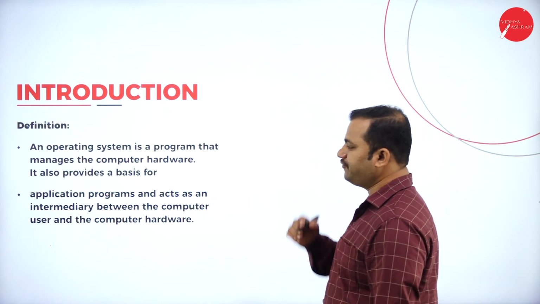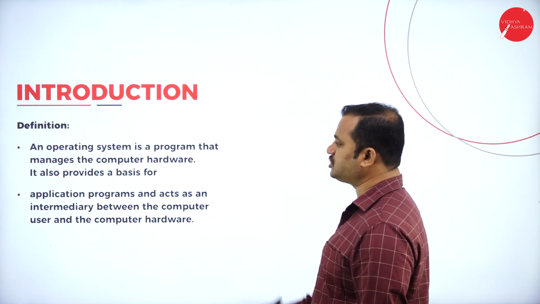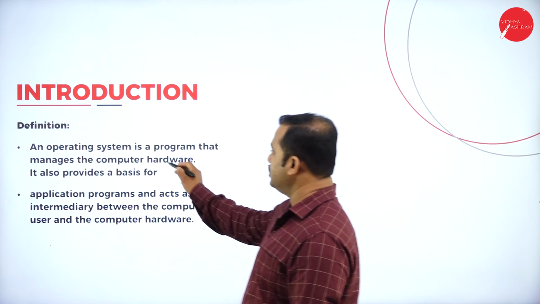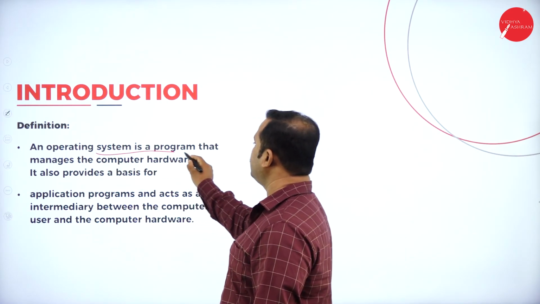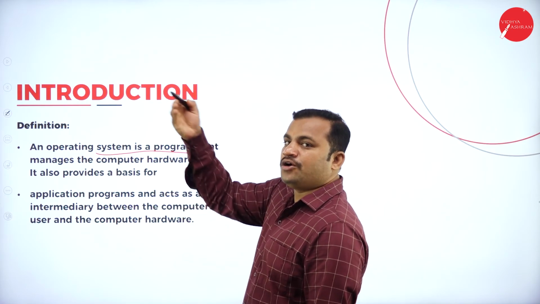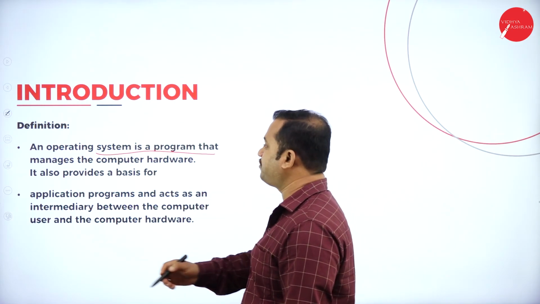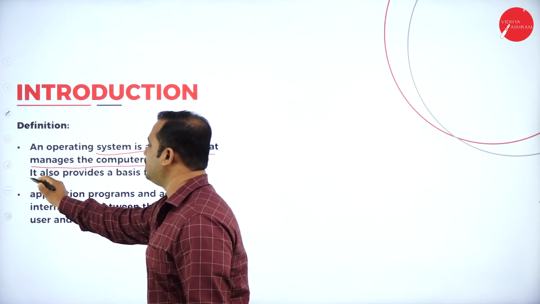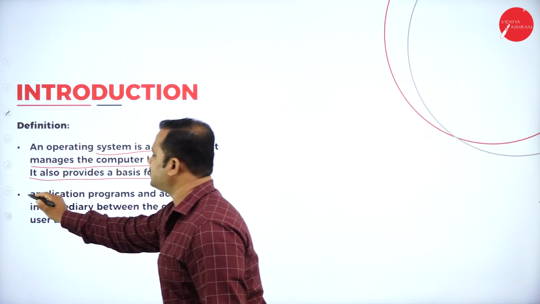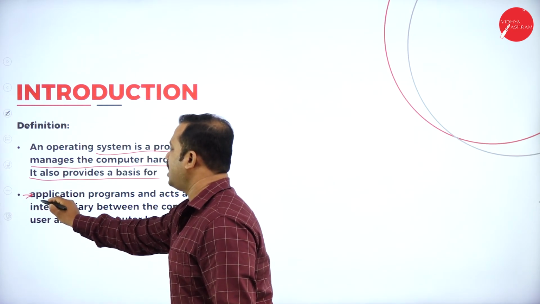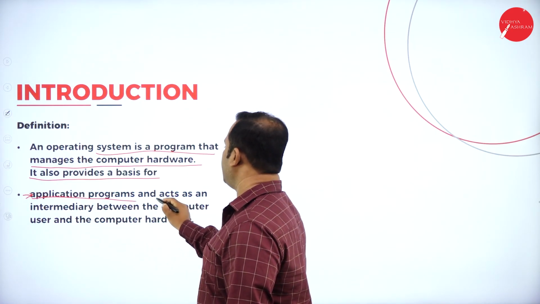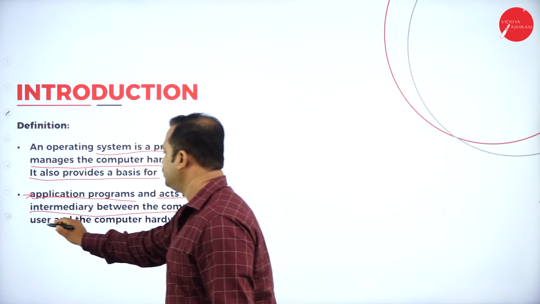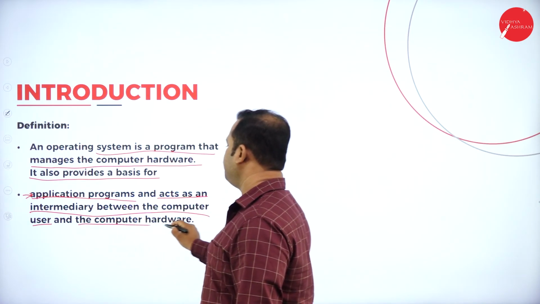Here, first of all, the definition of this operating system: it is a system software. Software is a set of programs or a collection of programs that manages the computer hardware. It also provides a basis for the application programs and acts as an intermediary between the computer user and the computer hardware.